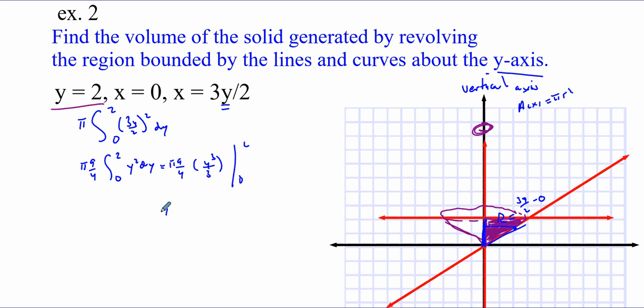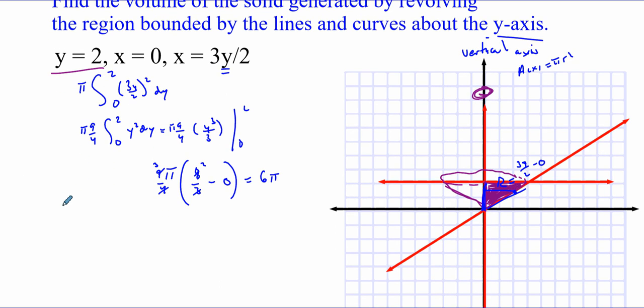Plugging those in, put 9 pi over 4 right there, times plug in the 2, we get 8/3, minus plugging in the 0, 0. And so what we have here, multiply those through, we'll have 2 and 3. And so we'll have 6 pi as our answer.